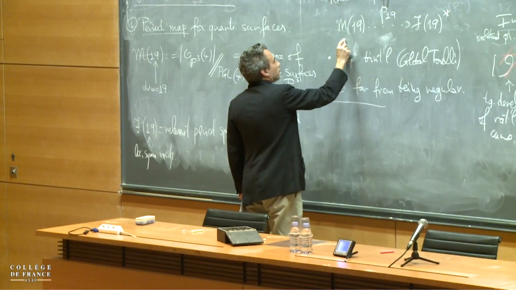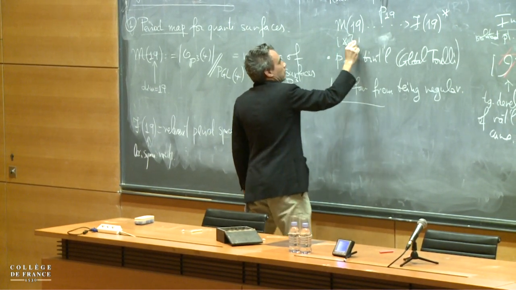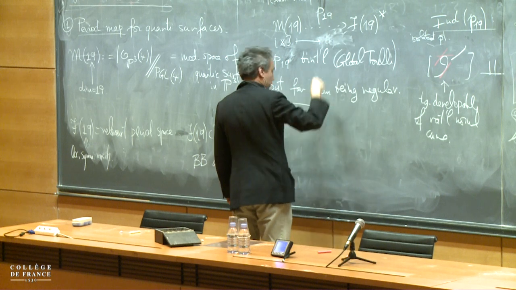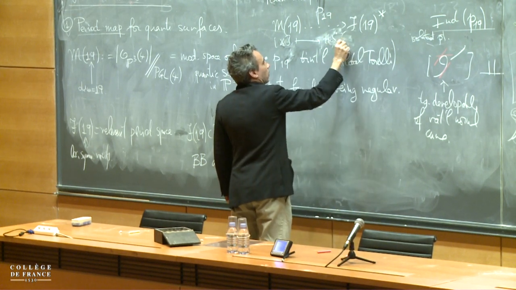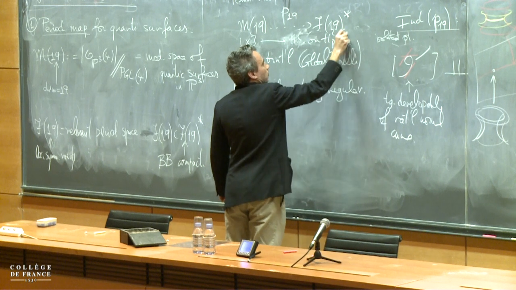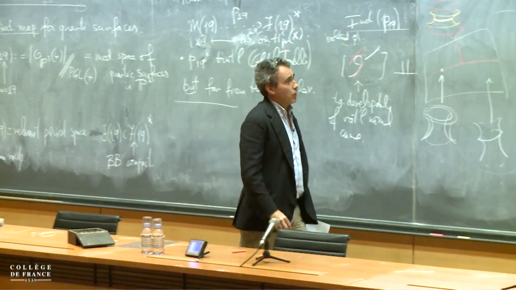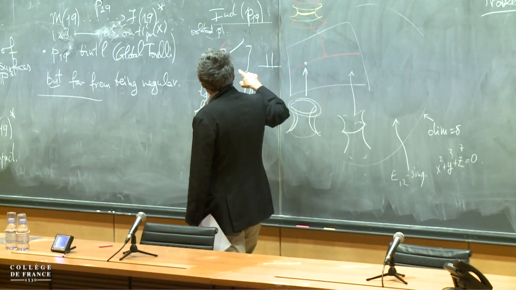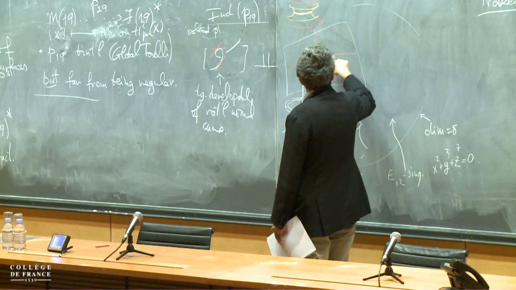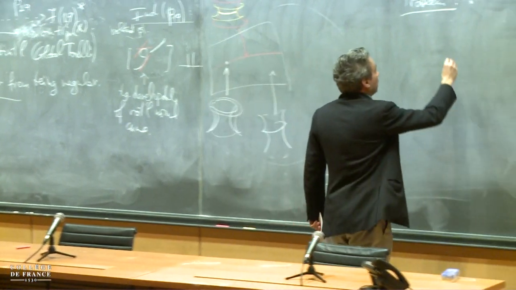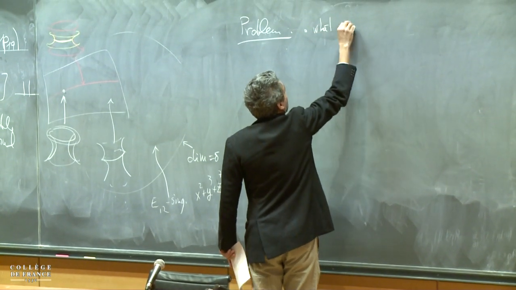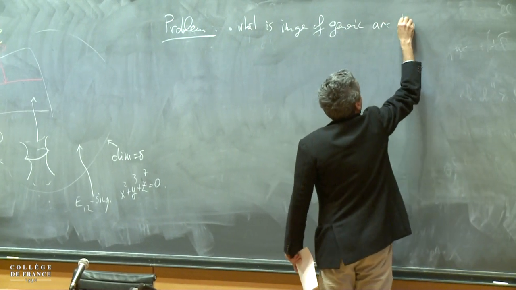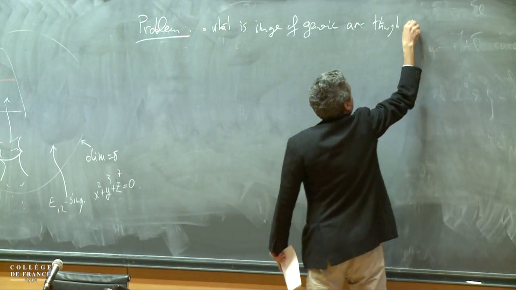If this is a smooth surface, we just map it to the primitive H2 Hodge structure. Okay, and so one naive problem one might ask is, what happens if I take a generic arc ending into this point or to this point or to a point on the red line and so on? So what is the image of a generic arc through the indeterminacy locus?